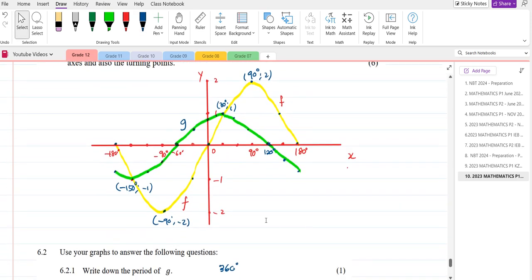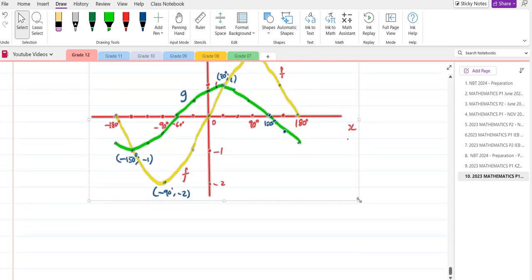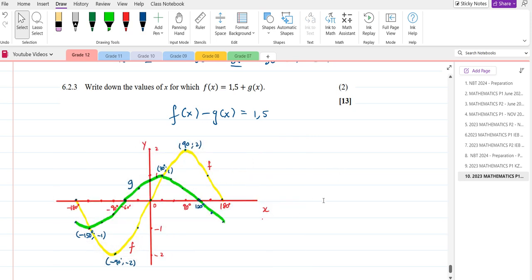When? So let me just copy this, right, and explain it here. So when is the difference between the two graphs equal to 1.5? So where is it? 1.5.